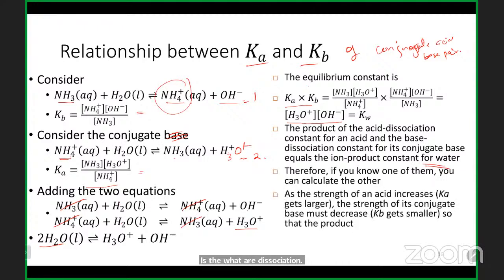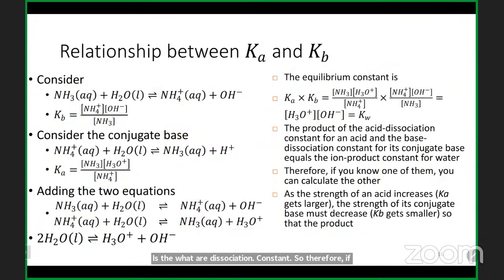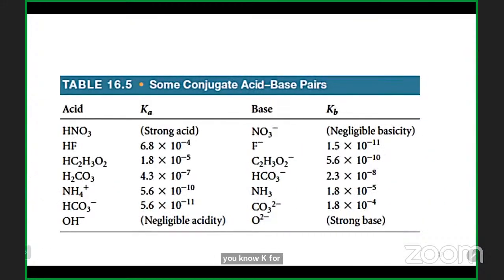Therefore, if you know Kb for NH3, you will know Ka for NH4 plus.